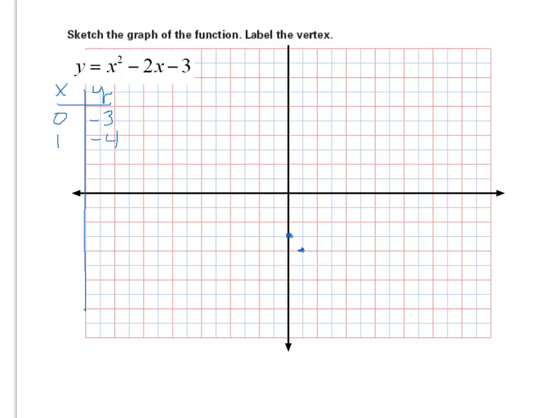Now if I plug in a 2, I'm going to get 2 squared, which is 4, and then minus 4, 0, and then negative 3, so I get negative 3 again.